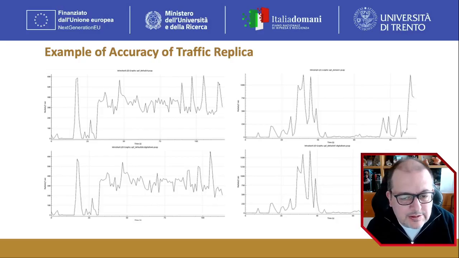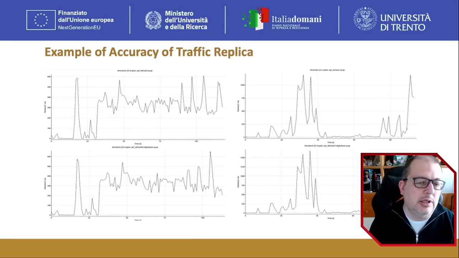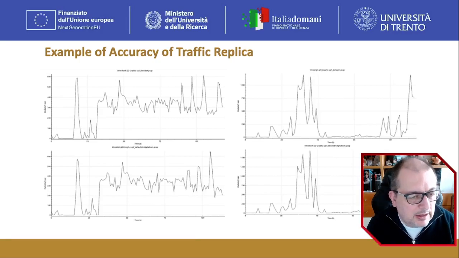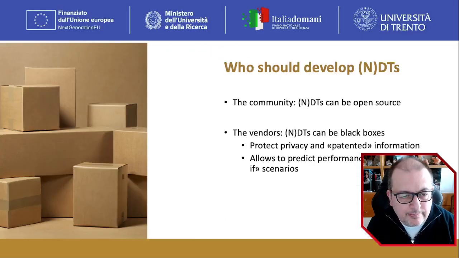But as you can see, the results are quite promising, because the shape in terms of throughput of the traffic between the physical and the digital twin is extremely similar. So we can conclude that the accuracy is relatively high, also in a real deployment of the system.